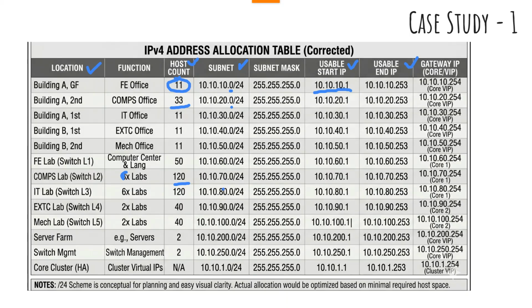So it is not necessary that you always have to use 192.168.10.1 or so on for a small network. You can use 10.x IP addresses also, and this is for various different machines that are scattered across building A, building B, different departments.